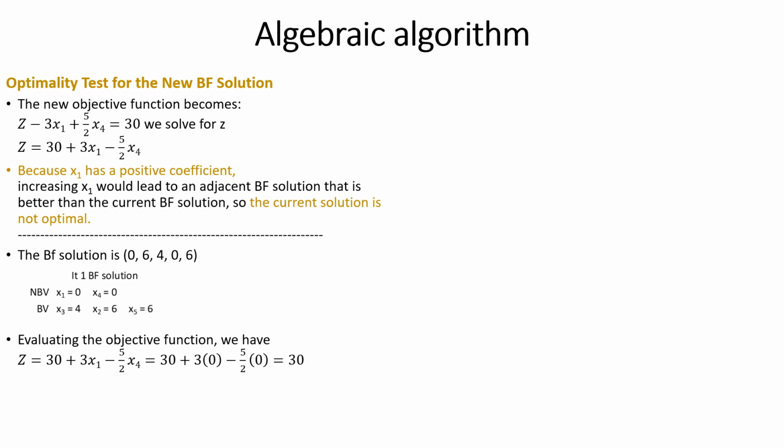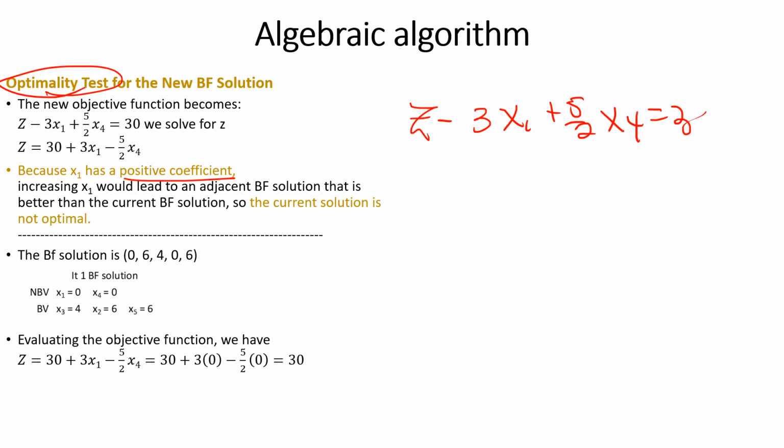Now after doing the last step, we're back to our optimality test. And remember, we're looking for positive coefficients, where we had before minus 3x1 plus 5 halves of x4 equals 30.